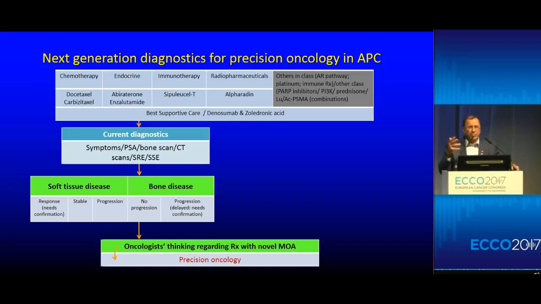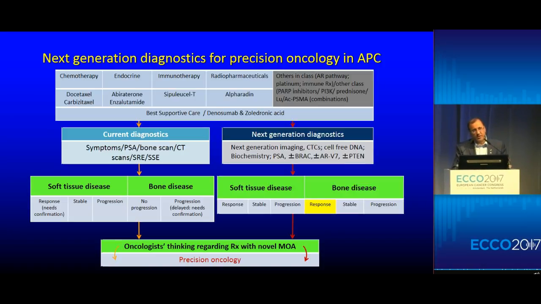So why are we going down this route? We are going down this route because we are interested in high-precision medicine. I hope all of us are interested in high-precision medicine. And that means we're using lots of drugs. At the moment, CT scans and bone scans only emphasize progression, non-progression in bone disease.